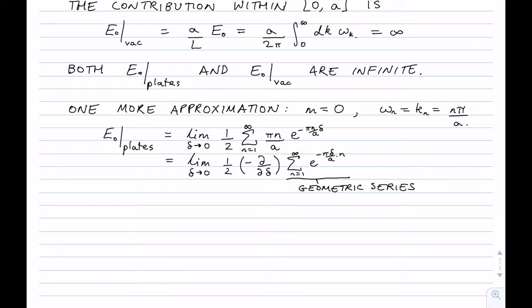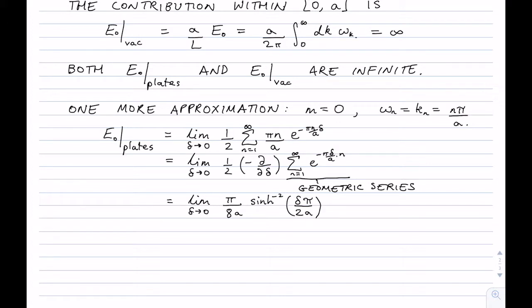Then I take the derivative back with respect to delta, and I will end up with pi over 8a times sinh to the minus 2 of pi delta over 2a.